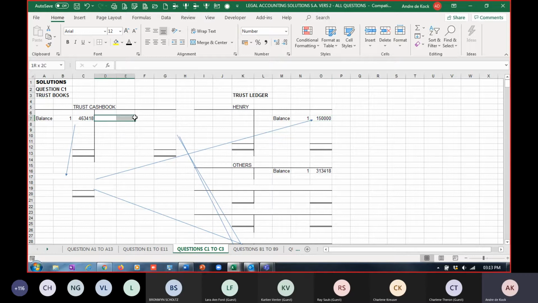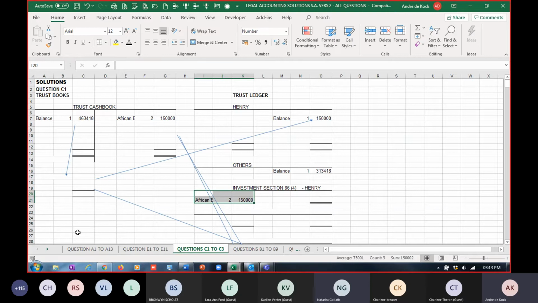So 150,000 has gone out to African Bank, and then I open an account called an investment in terms of Section 86.4 for Henry, and I debit the 150,000 there. Does that make sense to all of you? Yes. And I'm not going too quickly? Yes, it does.